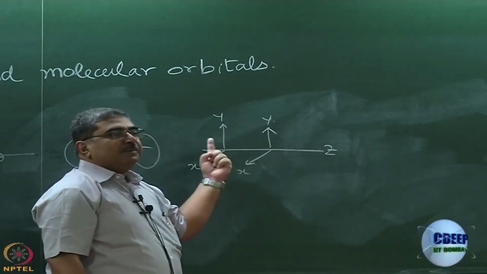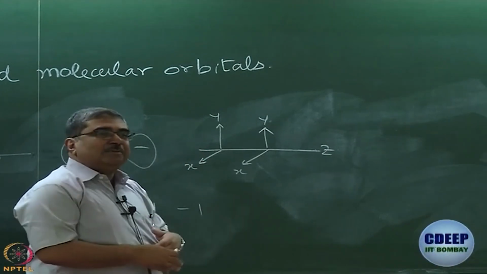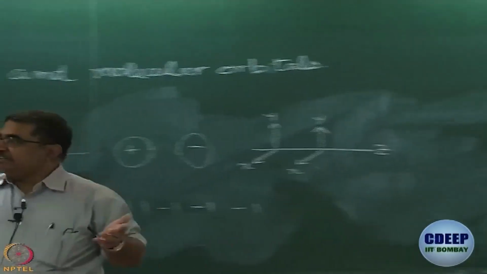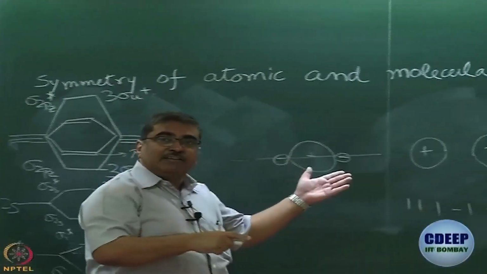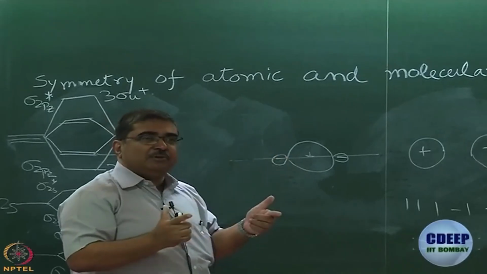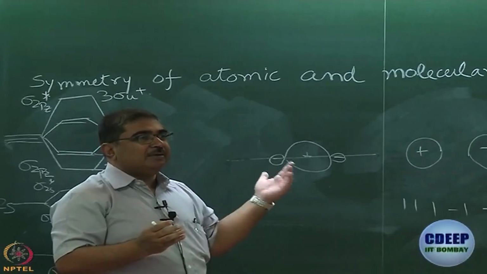The vertical arrows denote the py orbitals of the two atoms. Are we clear? How will they transform? They will transform exactly like x and y axis. We do not even have to work it out, it is given here. Where do x and y belong? Pi u, alright, pi u. So, the bonding orbital here is actually pi u. You can work this out yourself and convince yourself that these two sets of px and py actually form basis for pi u when it is bonding.